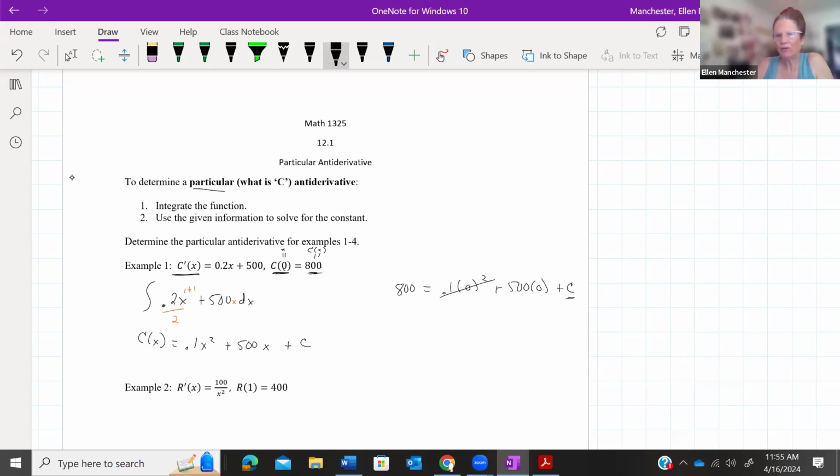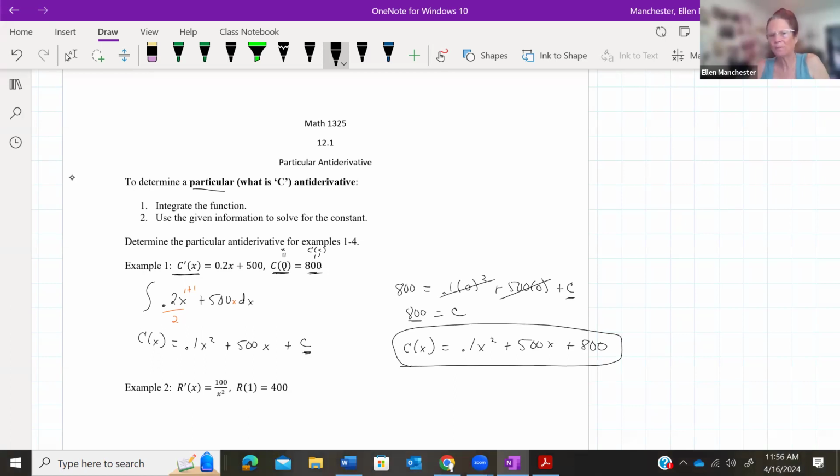The 0 makes that go away. 500 times 0 is 0. So our c equals 800. Okay, so what you're going to do is take this c and replace it with 800. So our actual cost function is 0.1x squared plus 500x plus 800. So now we have our particular antiderivative.